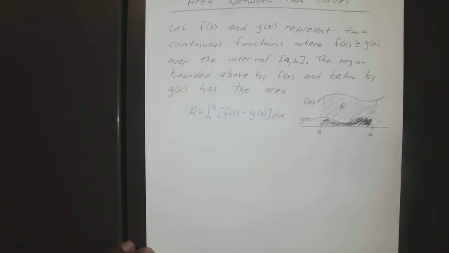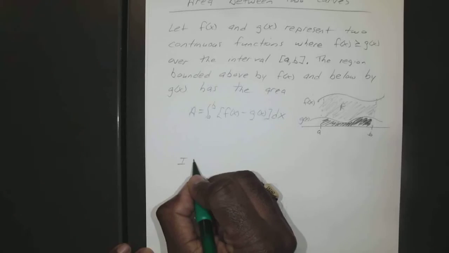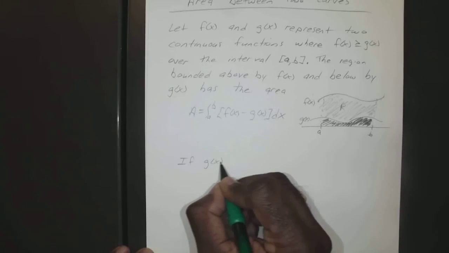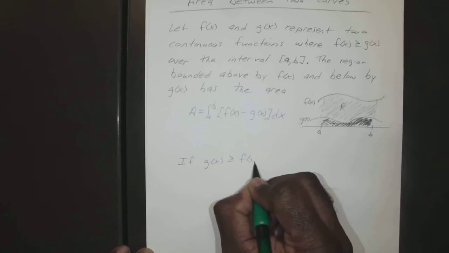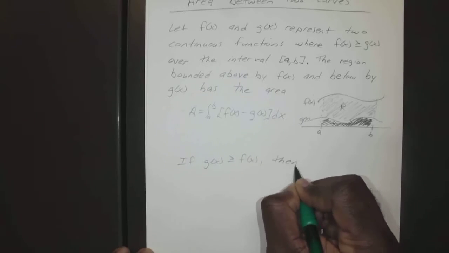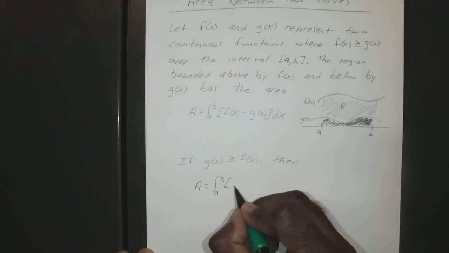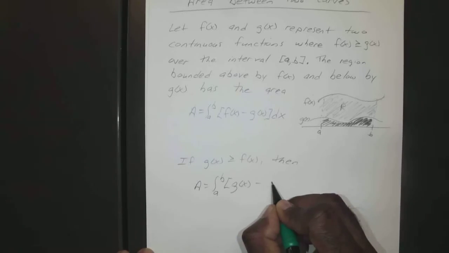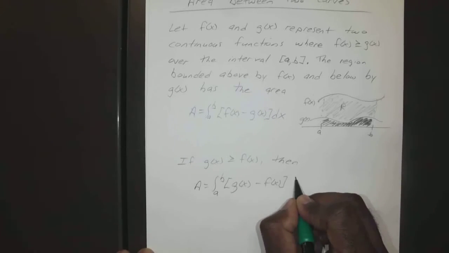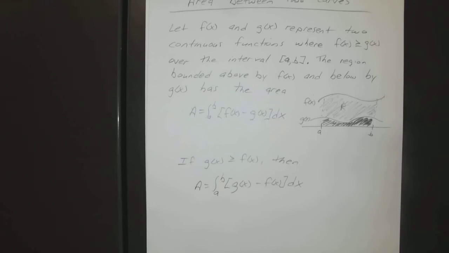Now, if g of x happens to be bigger than f of x, then the area is going to equal the integral from a to b of g of x minus f of x with respect to x.